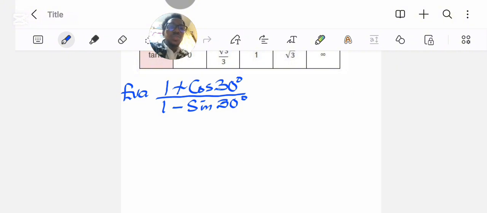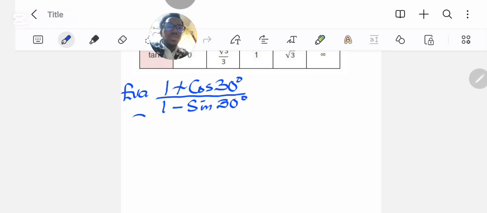If you don't know the values of cos 30 and sin 30 according to the trig ratios, then this question might be difficult to solve because there is a decimal part to it. But this time around, we need them in the specific way they've been given to us in the table above.